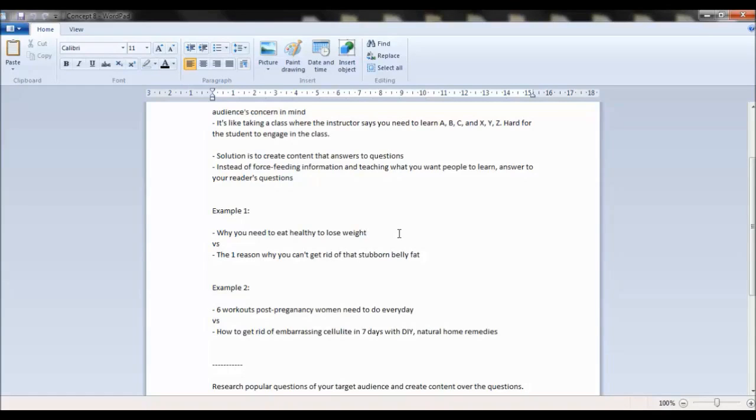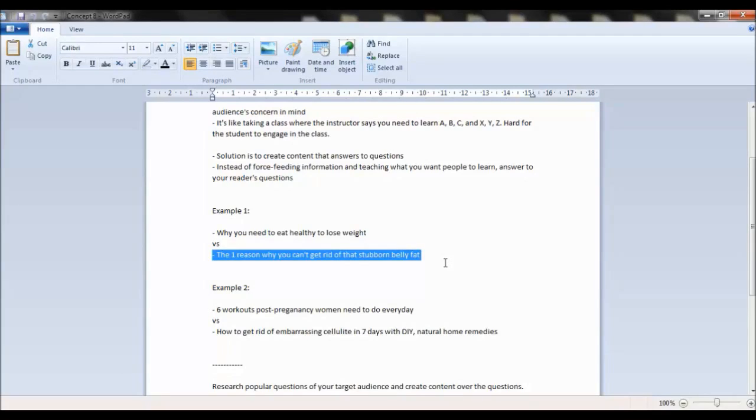I mean, everyone knows that you want to eat healthy, and eating healthy will help you lose weight, but this is not interesting at all. But the one reason why you can't get rid of that stubborn belly fat, that's a different story, right?